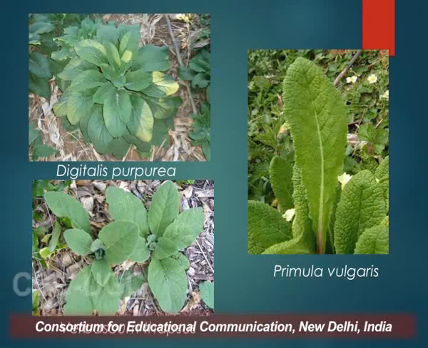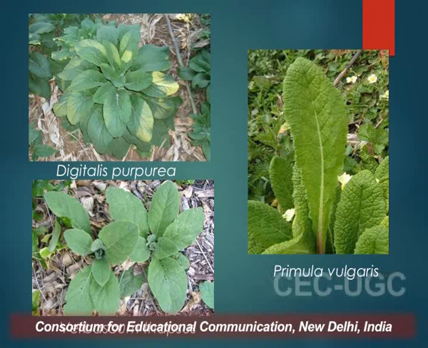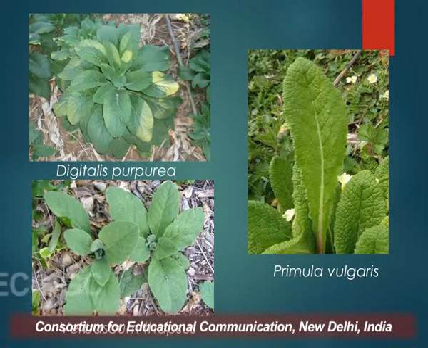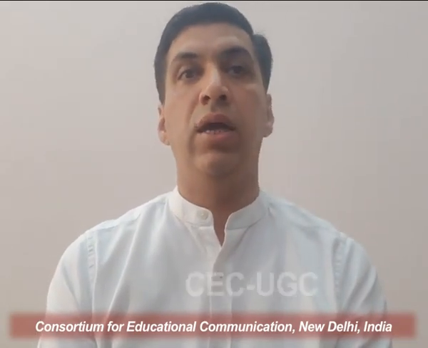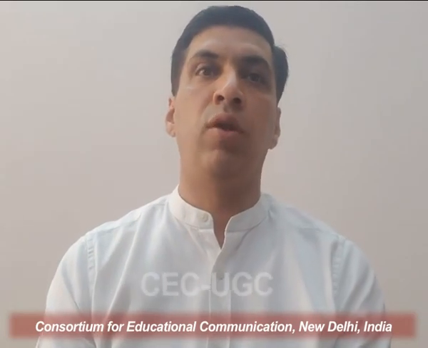Now just look into the picture and just imagine I give you a sample of dried leaves of Digitalis purpurea that are mixed with dried leaves of Verbascum thapsus or Primula vulgaris. So it would be very difficult to differentiate between the leaves of Purpurea, Verbascum thapsus or Primula vulgaris in the dried form by morphological evaluation, because all the leaves shown in this picture, after drying, will look morphologically similar.